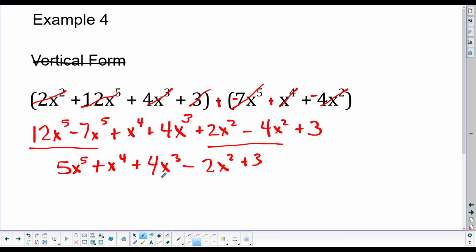Can we identify a polynomial by its degree and number of terms? Can we talk about the leading coefficient? And then can we do basic addition and subtraction of those? With addition and subtraction, we're simply combining like terms and writing in standard form. All right, take a look at the homework problems and let me know if you have any questions.